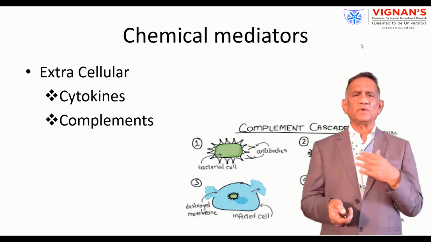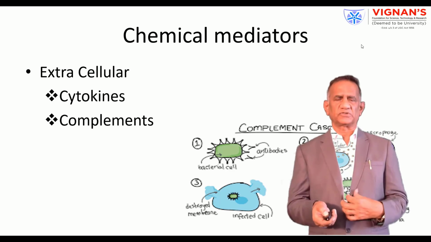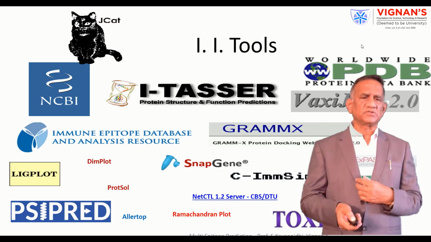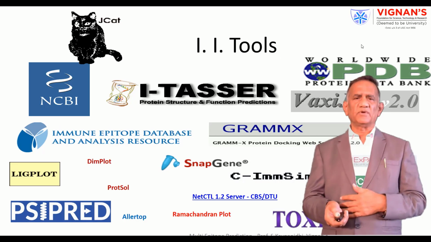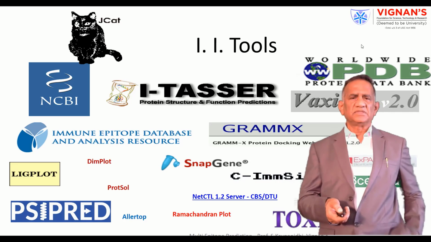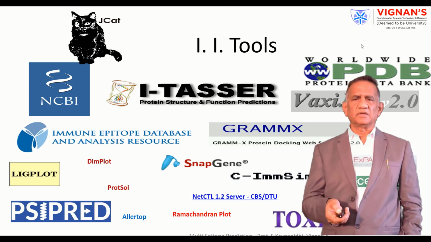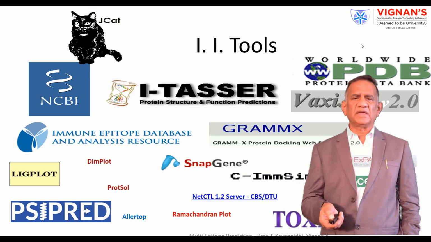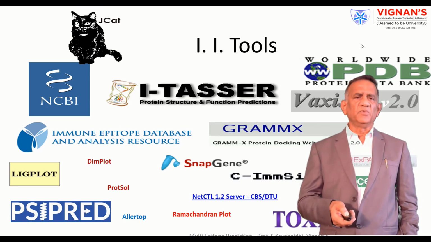Apart from that, these are the immunoinformatic tools taught at our Vignan University, the various tools we are giving training to our students: the iterative threading assembly refinement, VaxiJen, and again the Gramm-X, the B cell epitope prediction, and the Immune Epitope Database and analysis resources.